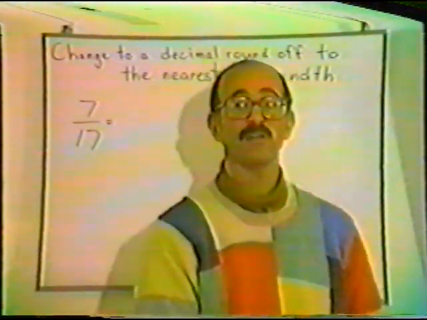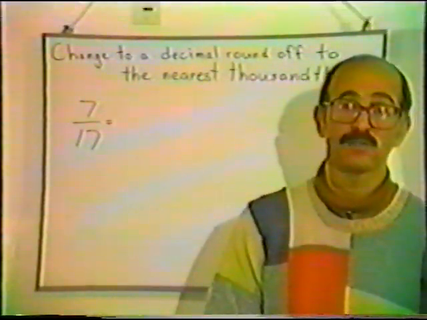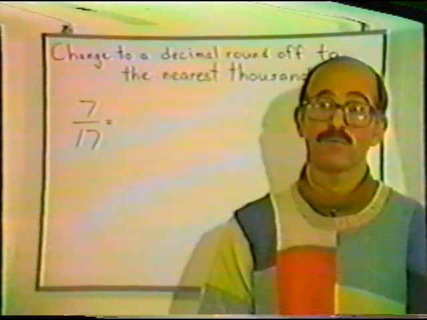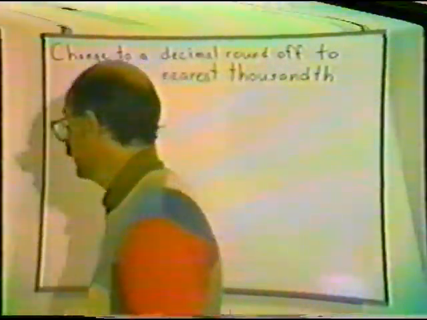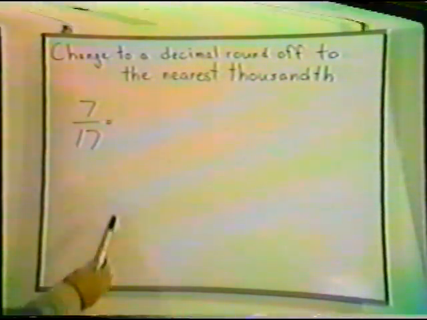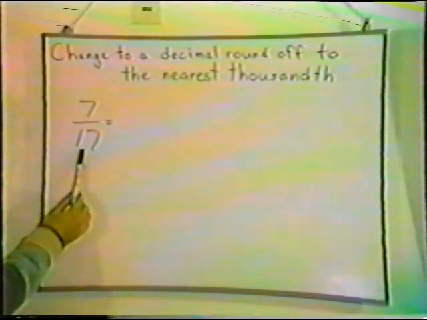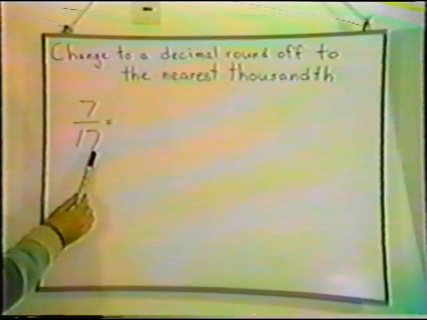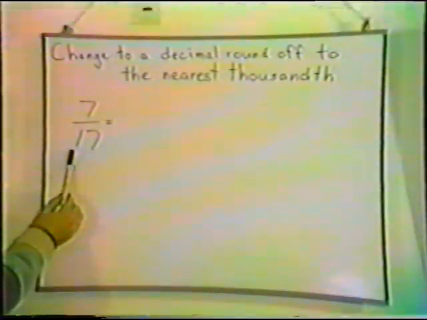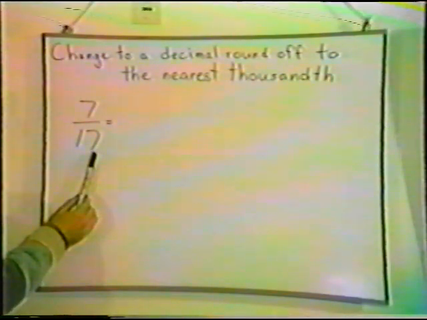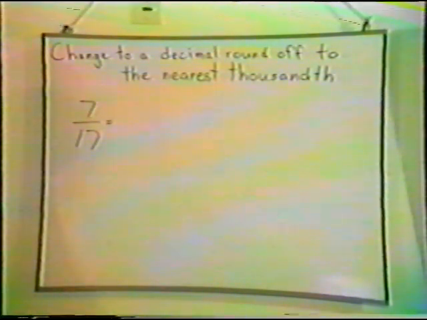Here's another fraction that we're going to convert to a decimal, rounded off to the nearest thousandth. Is the bottom number already 10, 100, or 1,000? No. Can we make it 10 or 100? No. Can we reduce it?